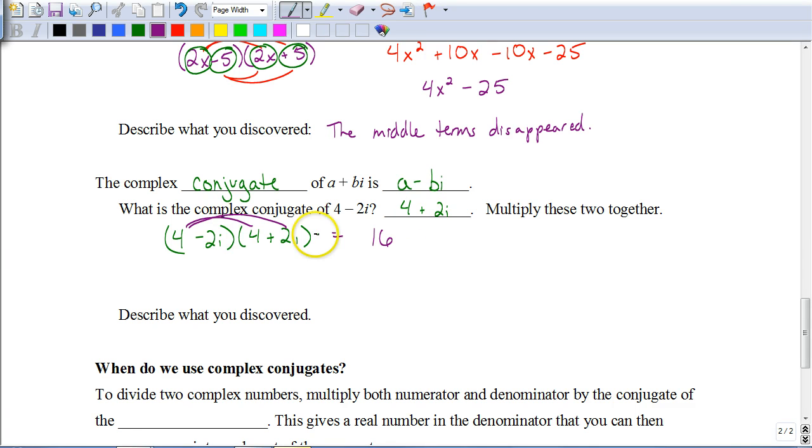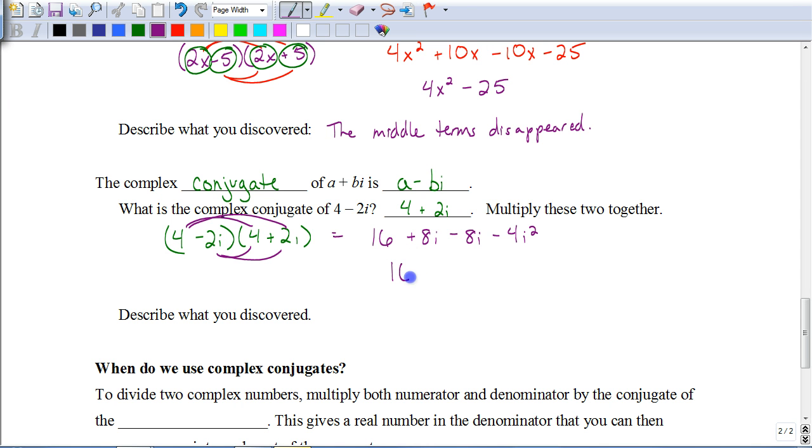So 4 times 2i would be 8i. Now let's multiply the negative 2i times the 4 and the 2i. So negative 2i times 4 would be negative 8i. And negative 2i times 2i for the time being is negative 4i squared. So you can see that when we simplify this, 8i minus 8i is 0.